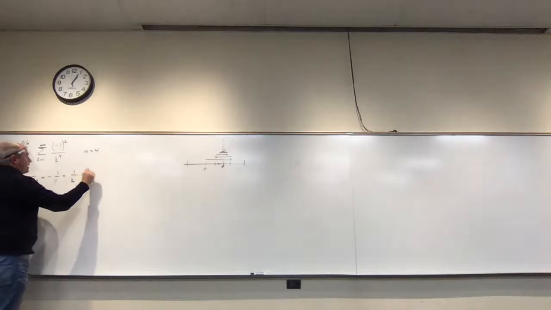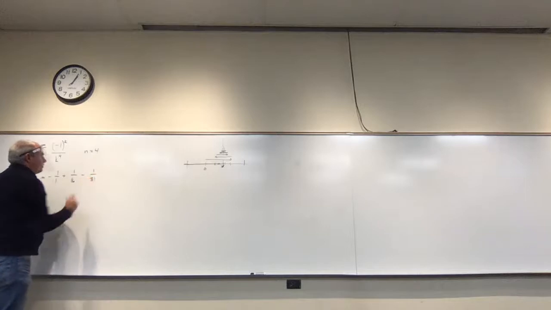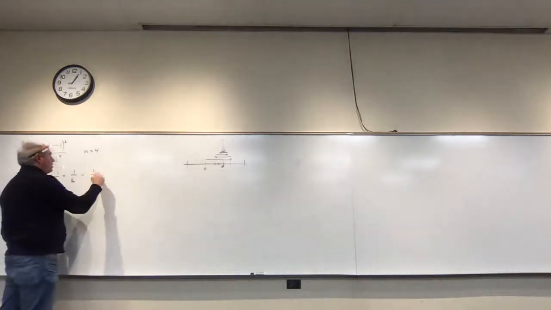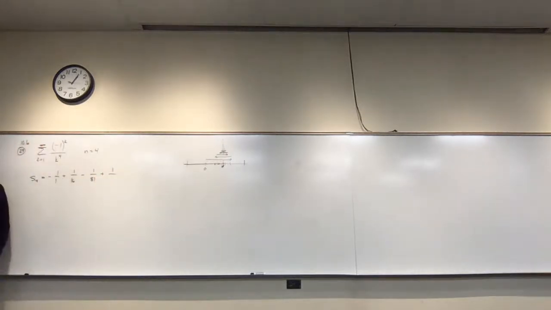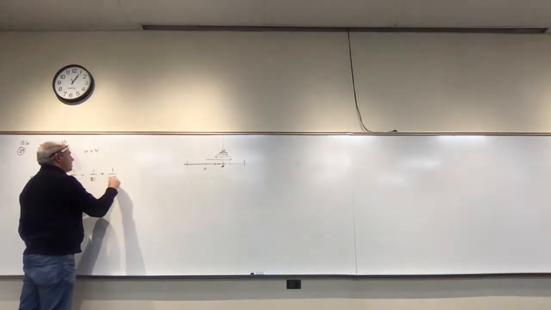So next one's negative 1 over what? 3 to the 4th, which is 81. And then what would be the next one? Plus 1 over 4 to the 4th. What's 4 to the 4th? 256. Yeah. So 256.